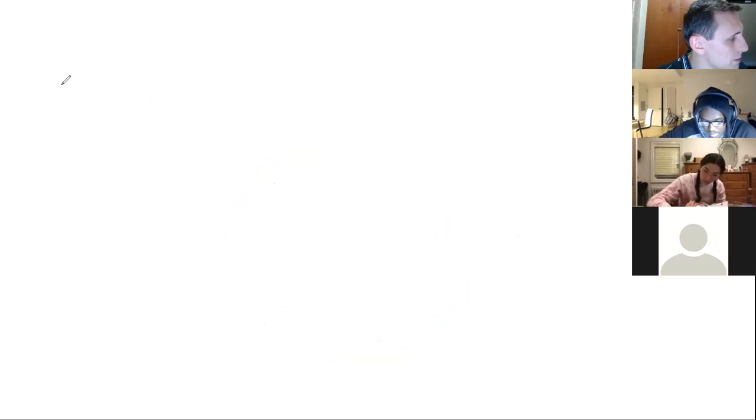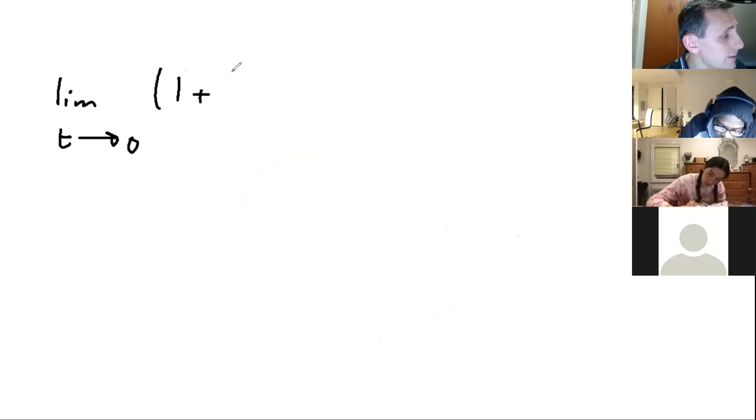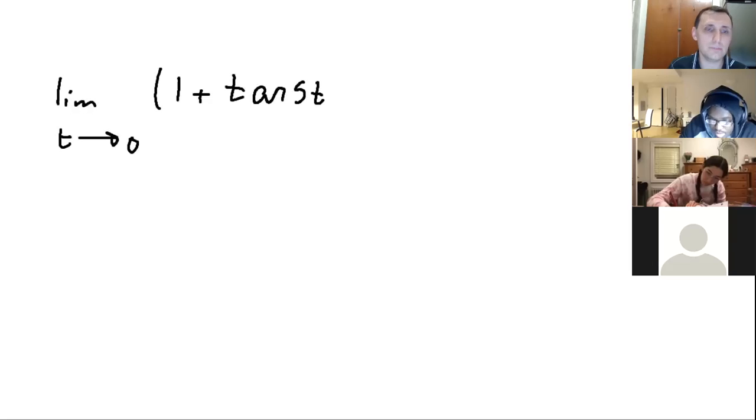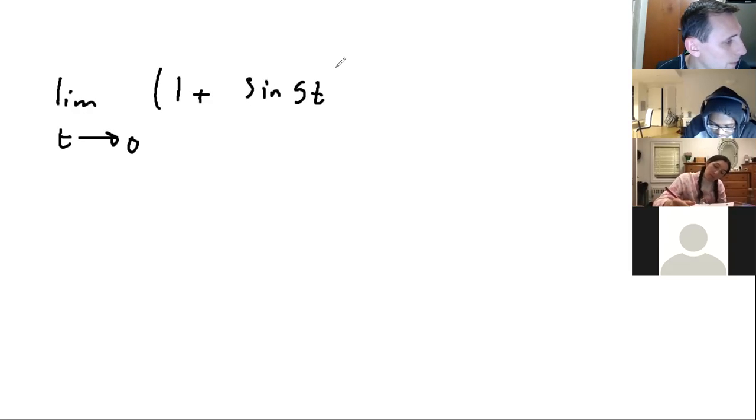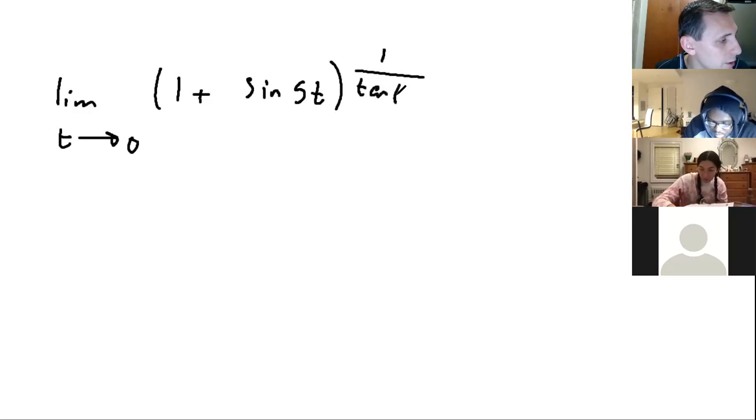So we want to know what is the limit as t goes to 0 of 1 plus sine of 5t, sorry, raised to the power of 1 over tangent 25t.